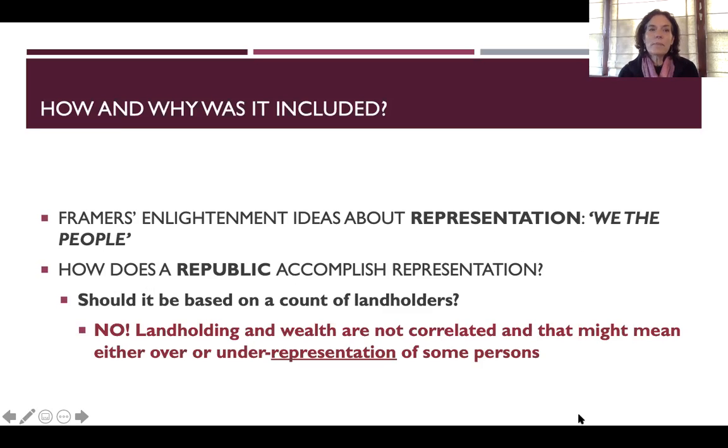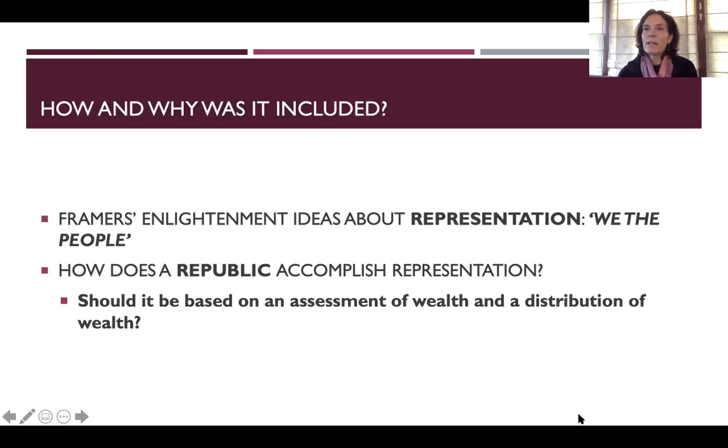There were going to be some people who were not landholders who were wealthy and who would not get counted under those determinations. And that might mean some underrepresentation of some persons. Should it be based on wealth, on an assessment of wealth and a distribution of that wealth, and therefore apportionment based on that distribution?